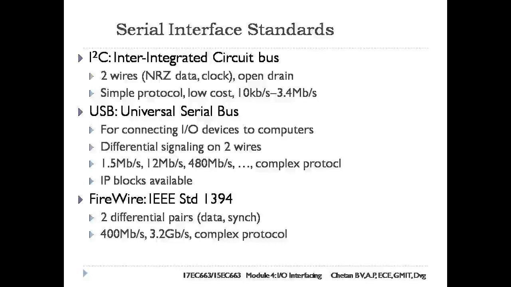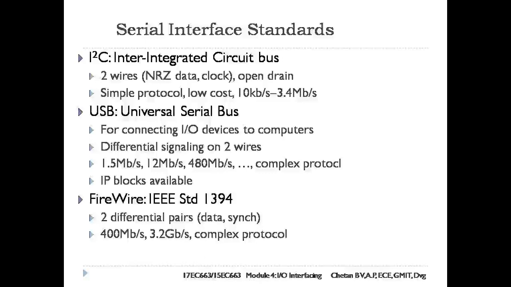USB, Universal Serial Bus. It was implemented by USB Implementers Forum Inc. Used for connecting I/O devices to computers, it uses differential signaling on a pair of wires with a modified form of NRZ encoding.